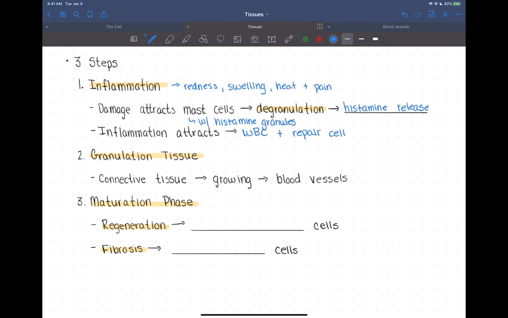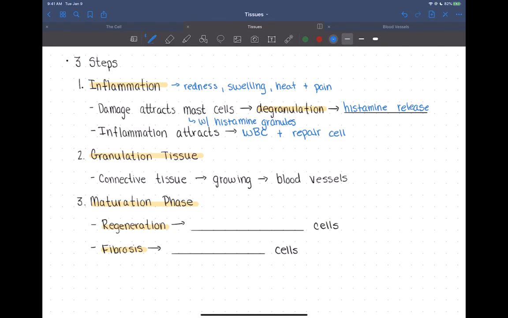So inflammation is triggered by the damaged tissue itself attracting mast cells, which degranulate, releasing histamine. That histamine causes the inflammation. That inflammation attracts all the cells needed for repair of that tissue. Then our next step is the formation of granulation tissue.